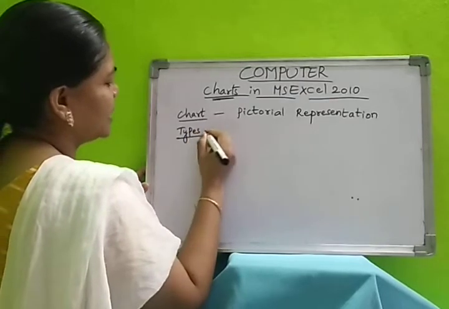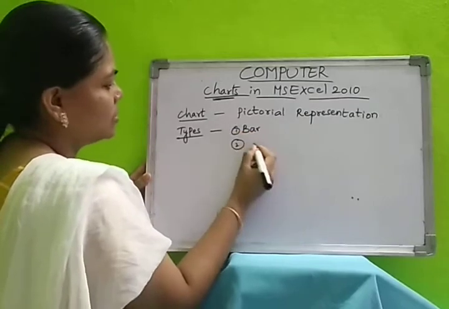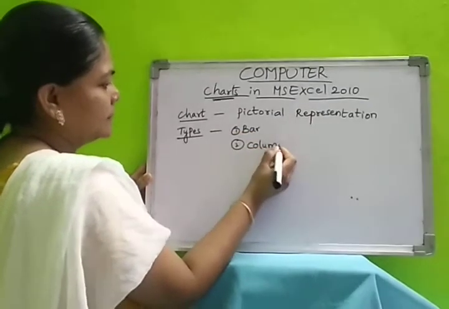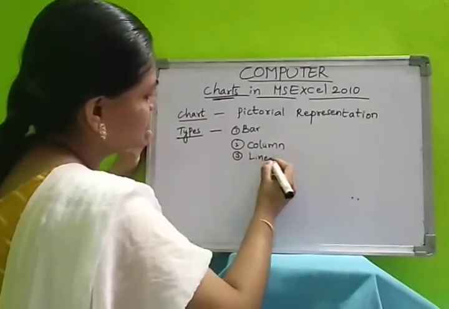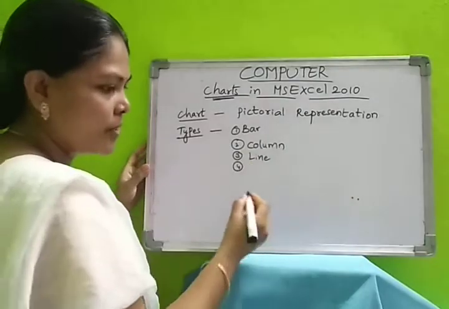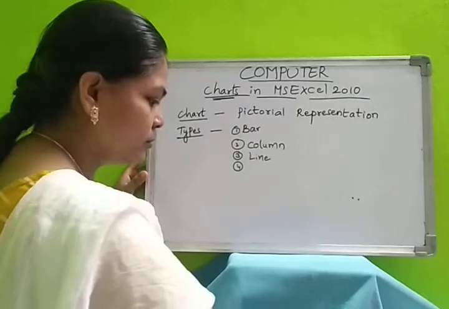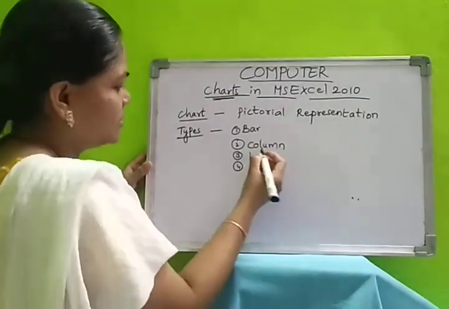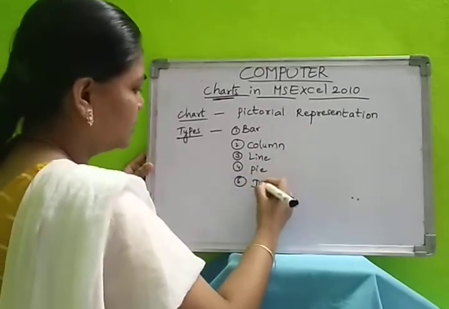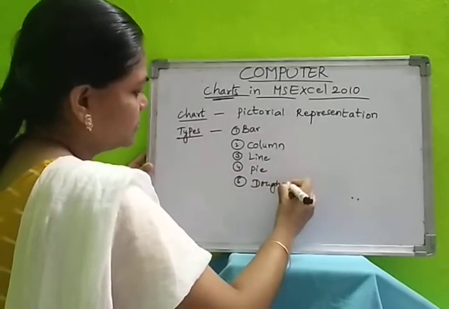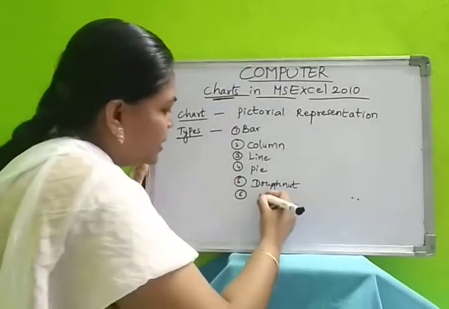We have different types of charts: bar chart, column chart, third one line chart, pie chart, donut chart, 2D or 3D area charts.